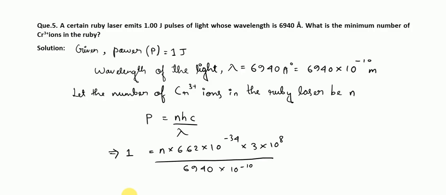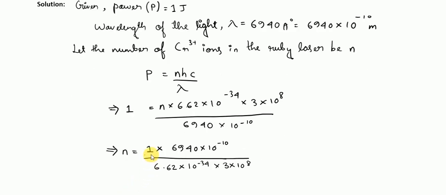Right. Now we need to calculate n. So we will rearrange the equation. Keeping n on this side, we have 1 times 6940 Angstroms divided by 6.62 times 10 to the power minus 34 times 3 times 10 to the power 8.